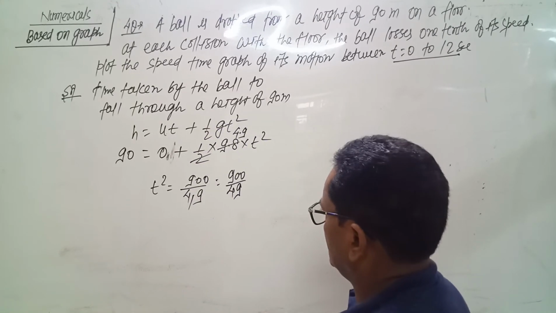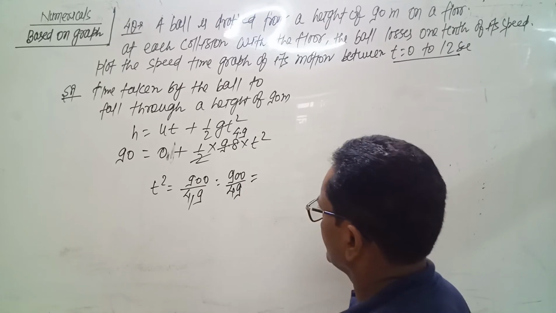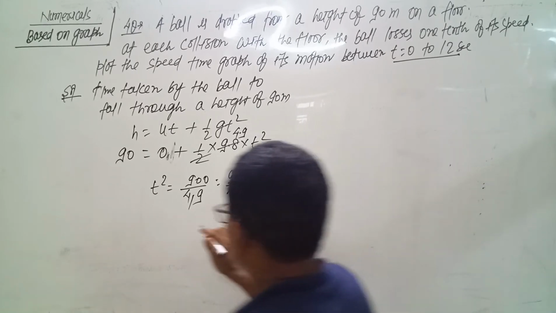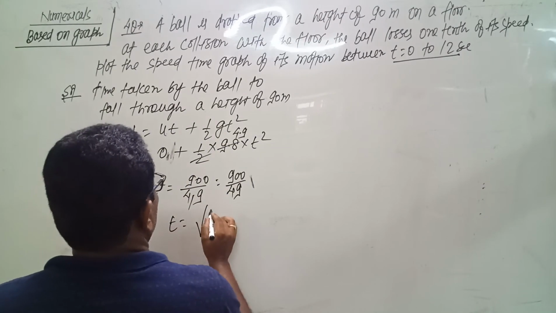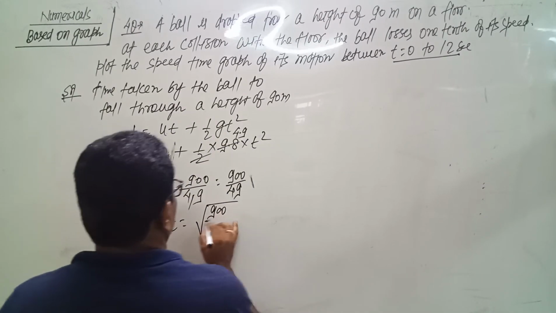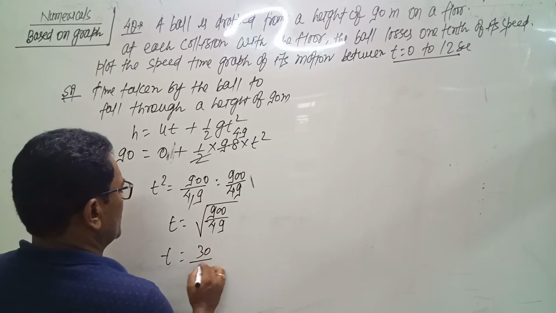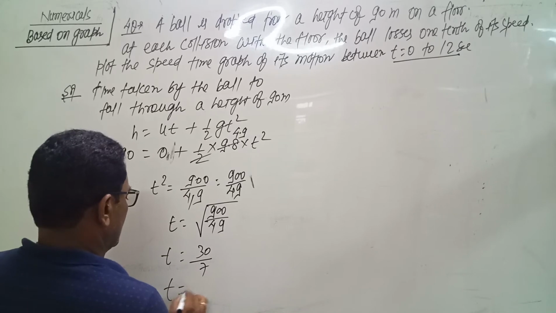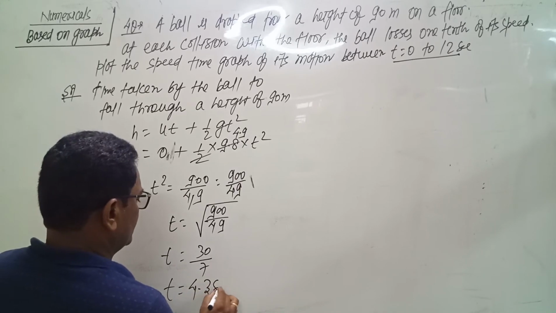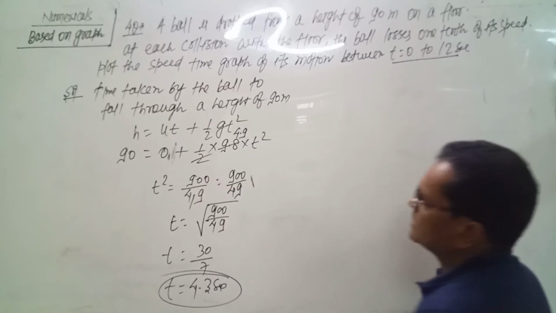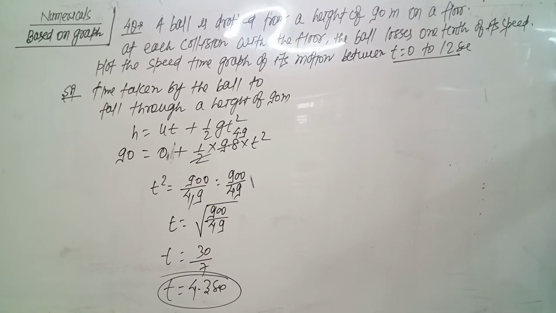So t equals to under root of 900 upon 49, which is 30 upon 7, around 4.3 seconds. So time taken by the ball to fall through a height of 90 meters comes to be 4.3 seconds.